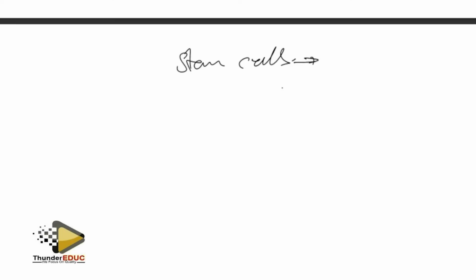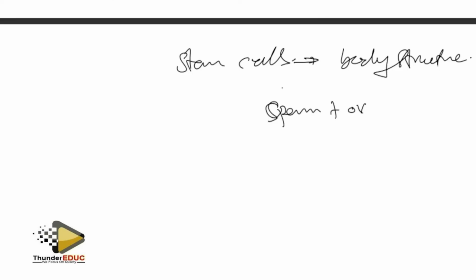Stem cells are cells which have the ability to divide to form other body structures. Imagine you are just a sperm. The sperm fused with the ovum. You formed a zygote. The zygote formed a ball of cells, which is called a morula. A morula is a stem cell, because if I ask you to show me the eye, the legs, the chest, you can't show me.